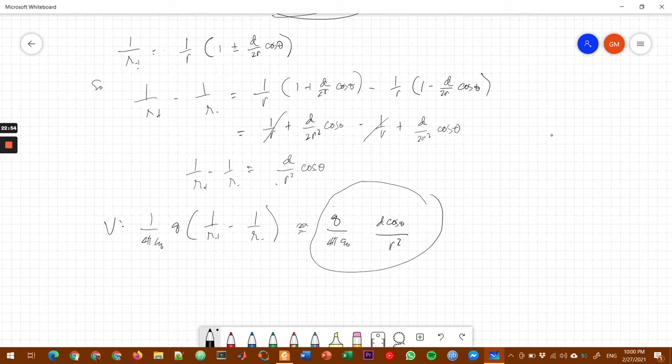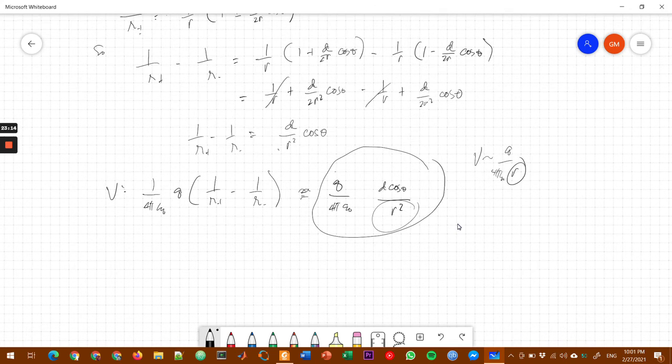For the monopole, the potential is 1 over 4 pi epsilon naught R, so the dipole falls off faster, with R squared. If we continue to the quadrupole, it's four charges, and it falls off even faster. How much more for the octopole?